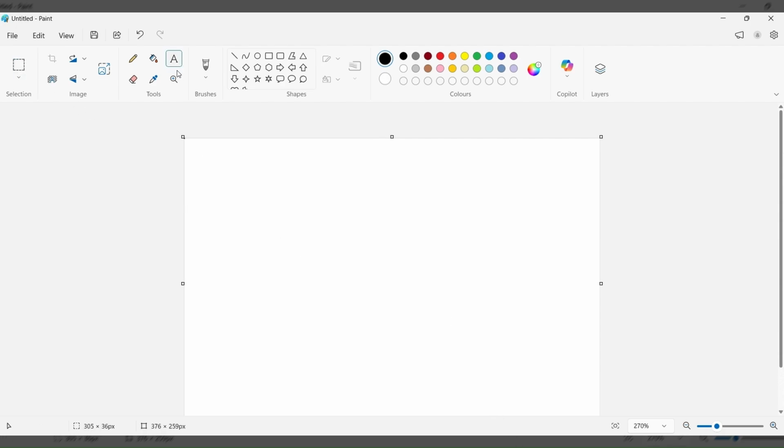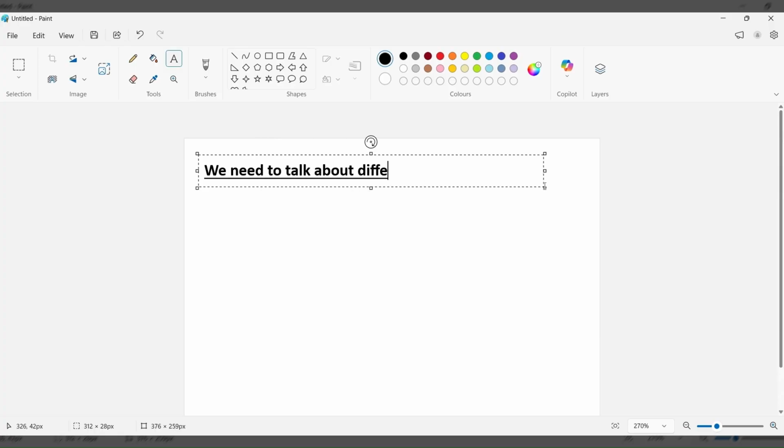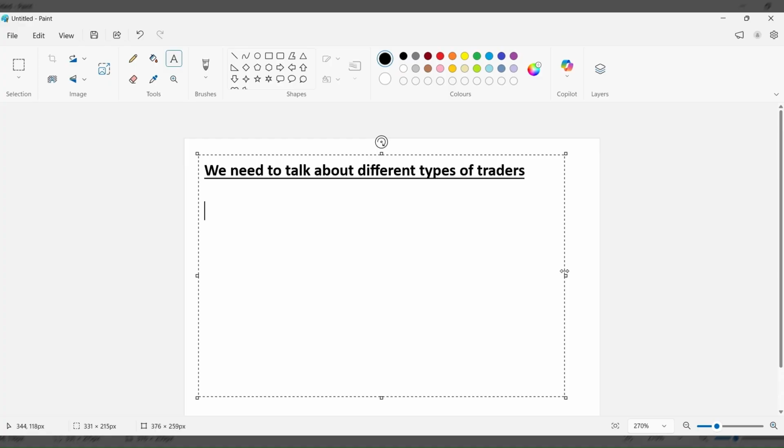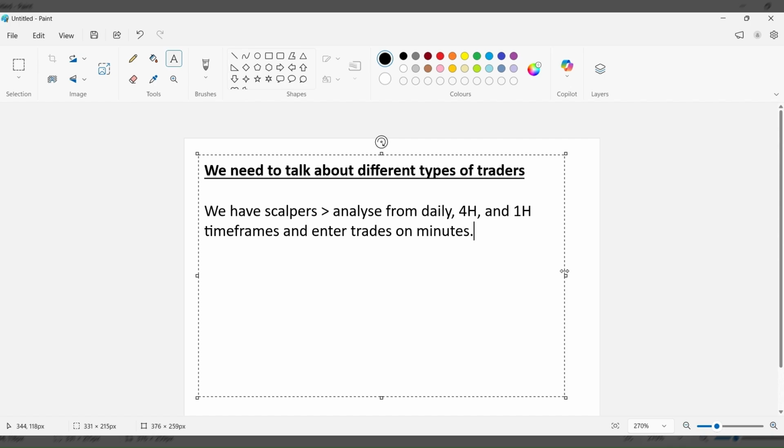There are others that I won't get into, but the most common are scalpers. Scalpers analyze from the daily, 4 hour, and 1 hour time frames, and then they enter trades on minutes. They hold trades for seconds, 2 minutes, sometimes even hours.